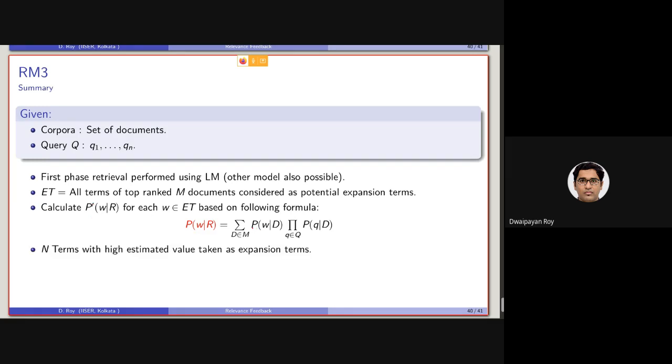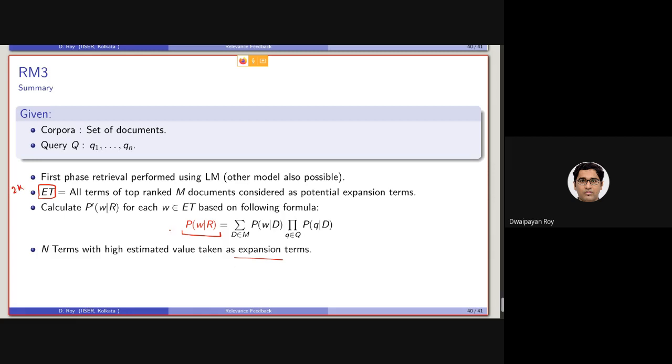Then consider the n terms having the highest weight as the final expansion terms. Initially this might contain, say, 1000 or maybe 2000 terms.